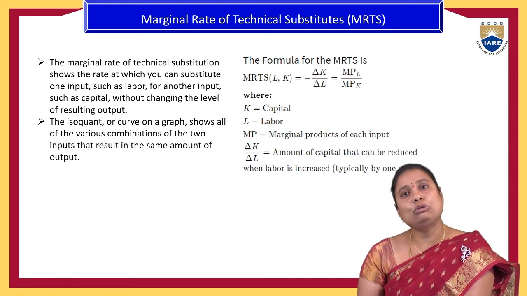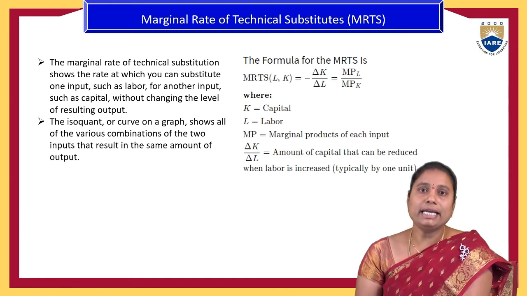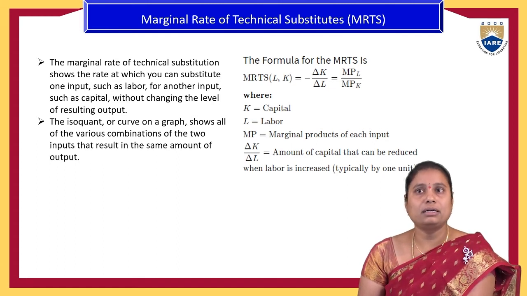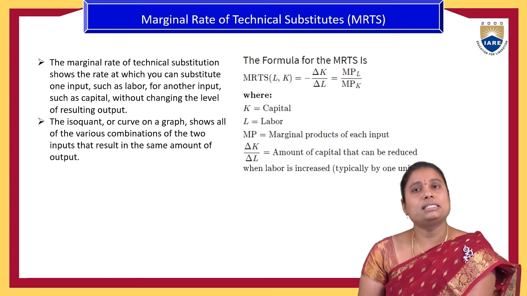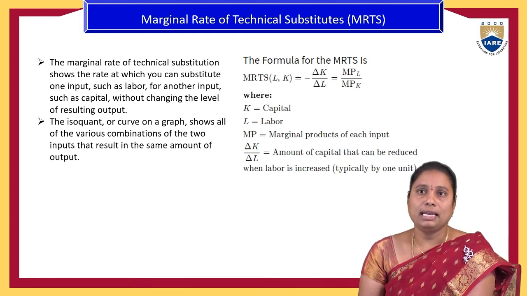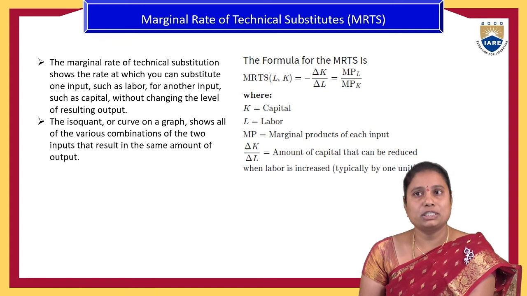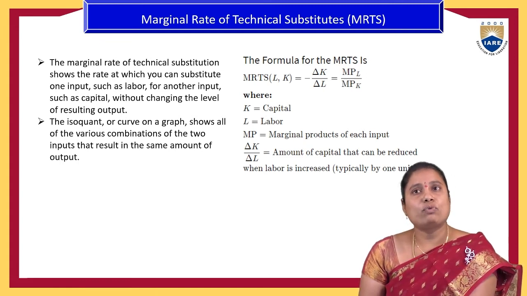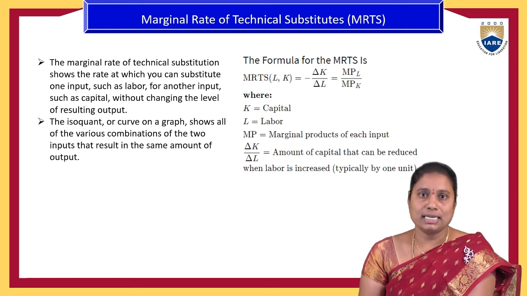Or instead of the totals, we can take the marginal products: marginal product of labor divided by marginal product of capital. So that is delta K divided by delta L. K stands for capital, L stands for labor, MP stands for marginal product of each input. That rate of one input to another is called the marginal rate of technical substitution.